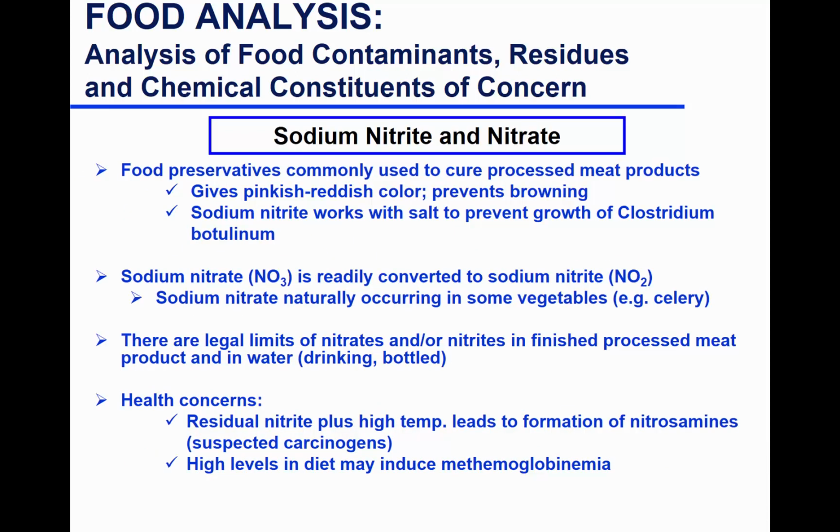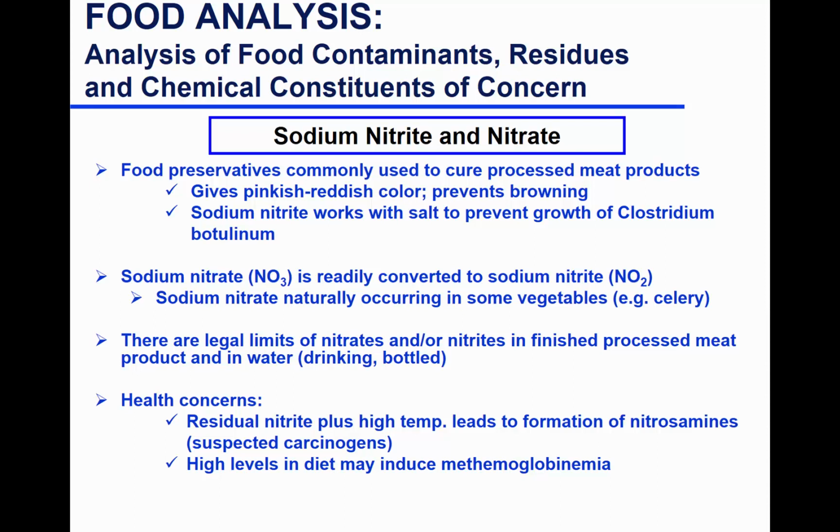Sodium nitrite and nitrate, so these are preservatives, added to cure meat, giving you that pinkish reddish color, and it prevents browning. The way it functions is sodium nitrite in the presence of salt prevents the growth of Clostridium botulinum, for example.